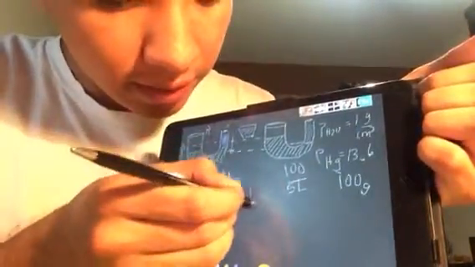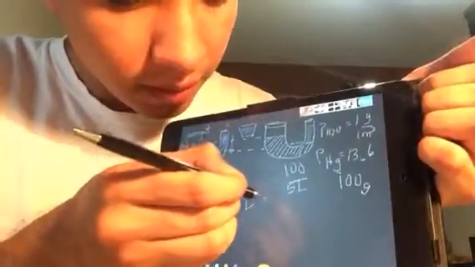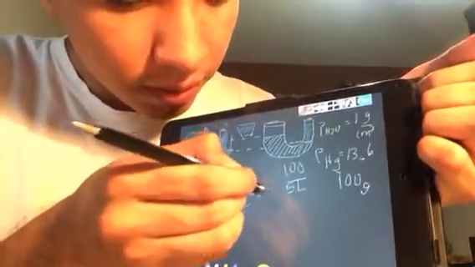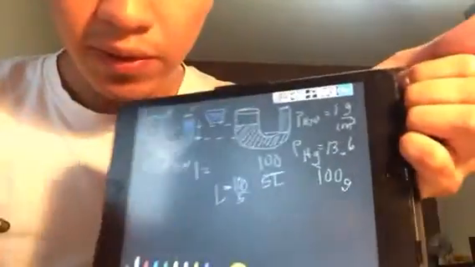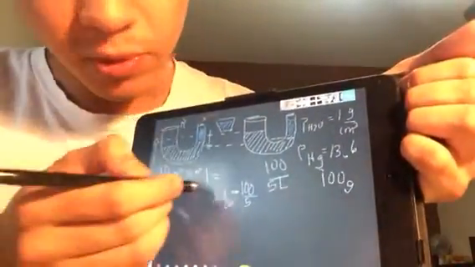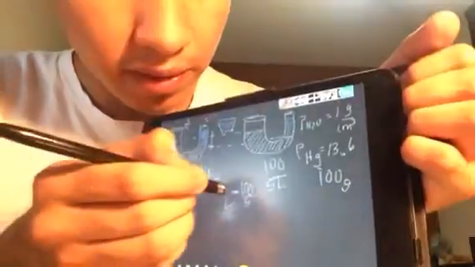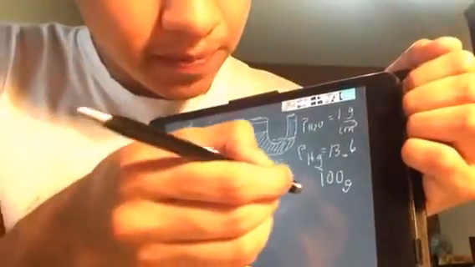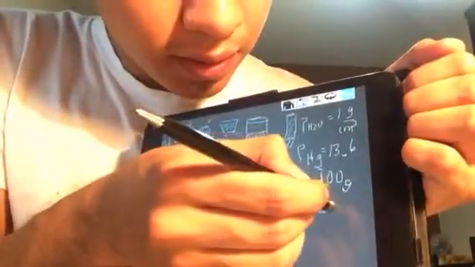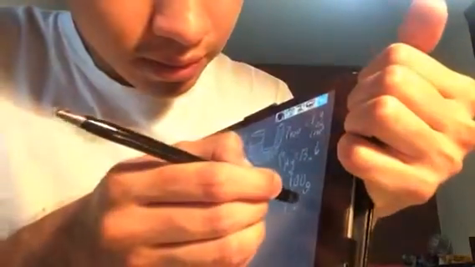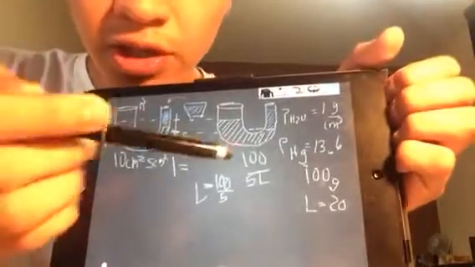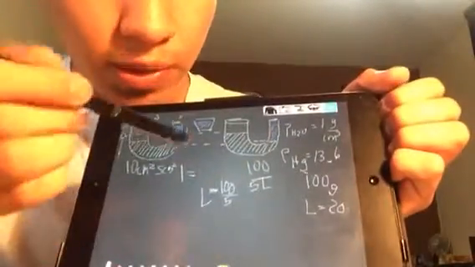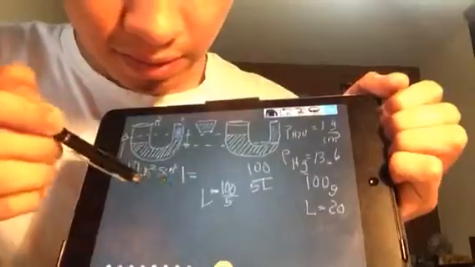So L is going to be equal to 100 over 5 times 1, but it is 5. So we know that the length is going to be equal to 20 centimeters. So we already solved one part of the problem.